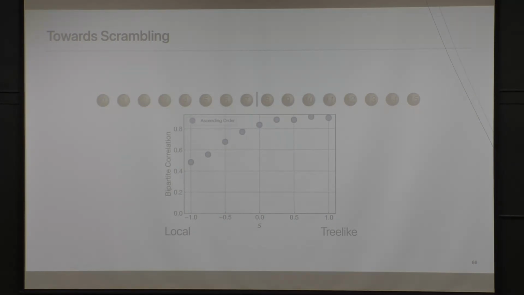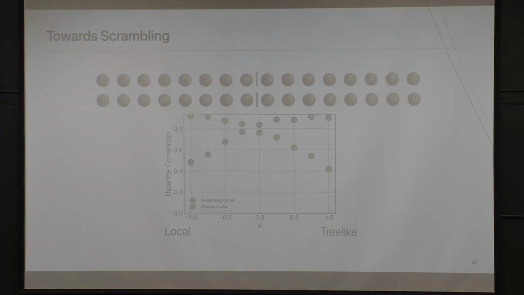So the correlation between the two halves is weak in this local case because we effectively captured all of the effective entanglement by just combining all the locally connected sites. And we can ask, how does that look in the monomap order?